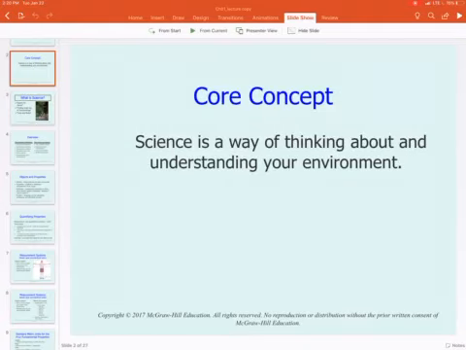Like, for instance, gravity, or we see things moving because in physical science we talk about motion, but we don't really think about why. And so we talk about things like that. So hopefully you will really find physical science to be pretty interesting.